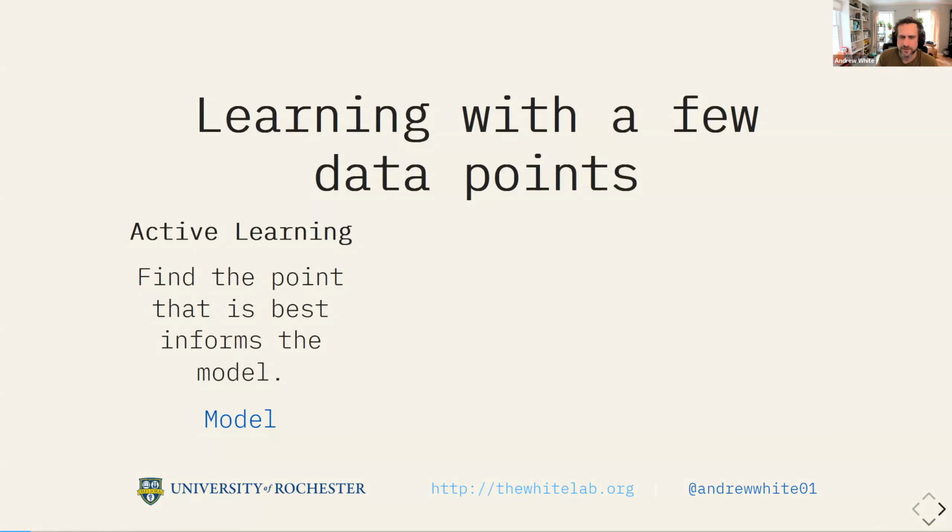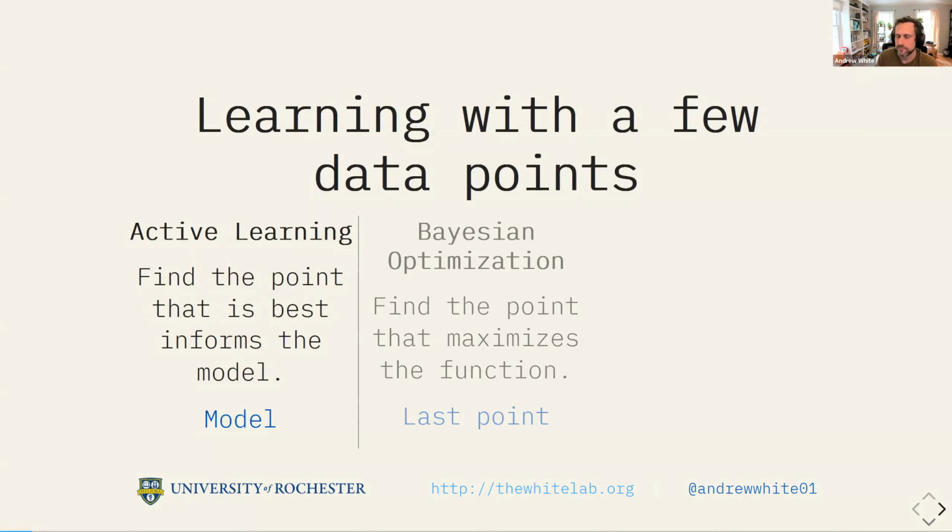And I want to break down just some nomenclature here to begin with. So active learning is basically when we want to build a very good model. So we're going out and we're gathering data, and we want to use that data to predict what is a really good machine learning model, like predicting affinity of a drug, predicting if a sequence will bind to a protein, things like that. Then Bayesian optimization is if we just want to get a really good structure, we want a really good sequence.